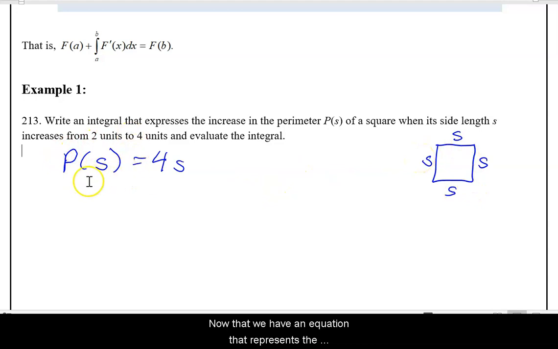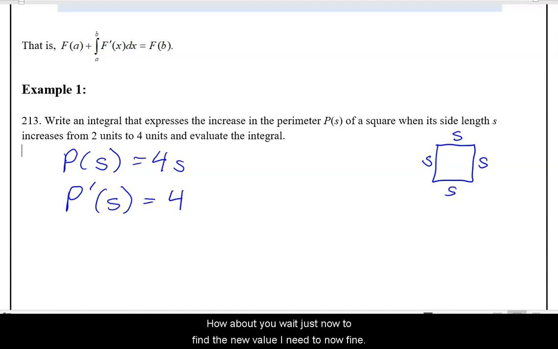Now that we have an equation that represents the perimeter as a function, we need to use our formula, which says now I need to take the derivative of that function with respect to the variable. So I find P prime of s, which of course is just 4.